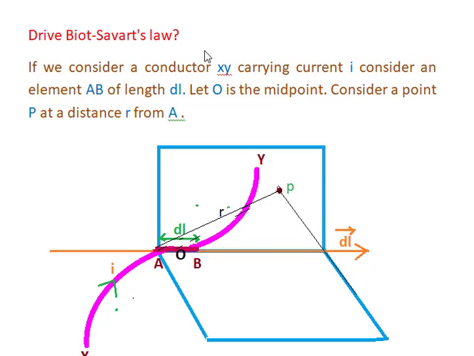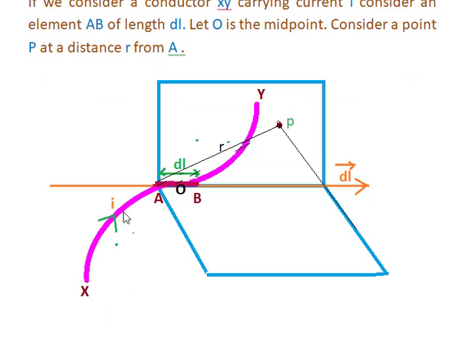In this connection, there is a law called Biot-Savart's law. Let us derive Biot-Savart's law. Suppose we are considering a conductor, a wire XY, which carries the current I. In this wire, we consider a small element AB of length dl.